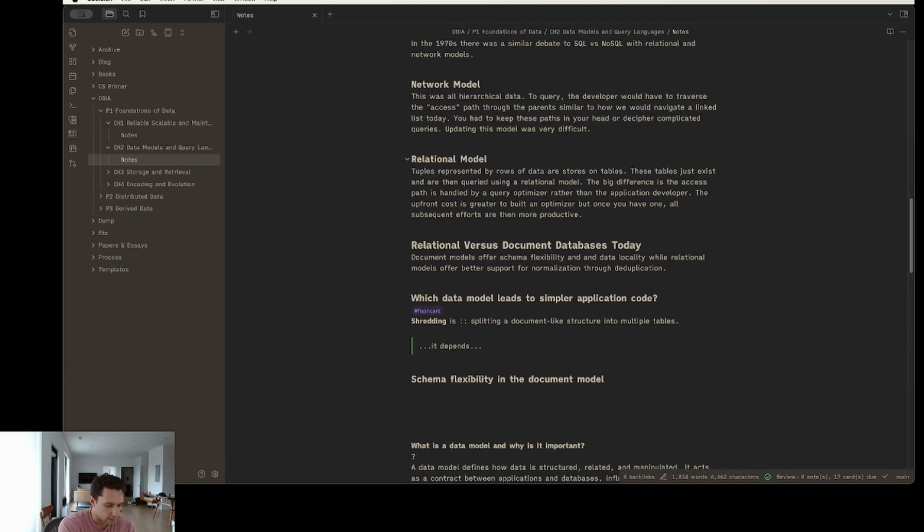It's called schemaless, but that's misleading, as the code that reads the data usually assumes some kind of structure. Schema on read.